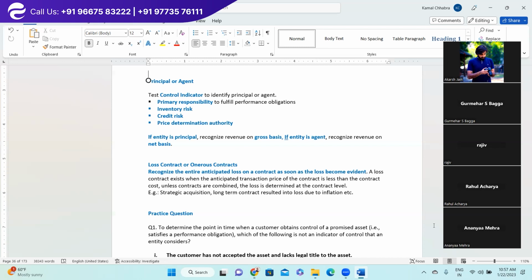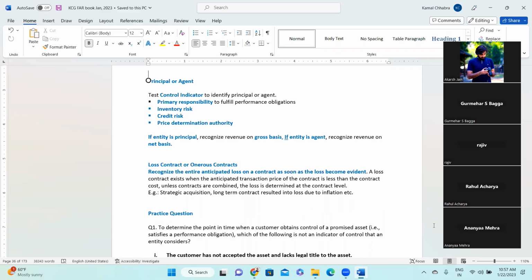Basically, the value will be recognized at the principal end, and the service charge or commission will be recognized by the agent. If a car has been sold, the accountant of the agent who is selling that car will recognize only the commission part, not the entire value of the car.